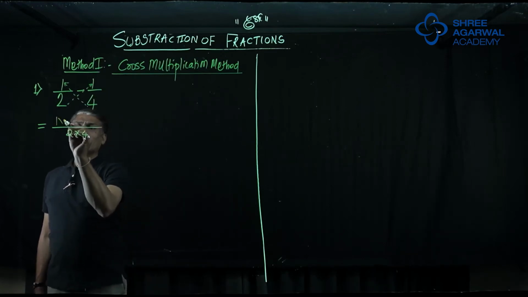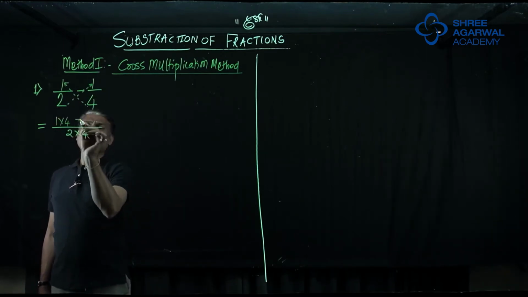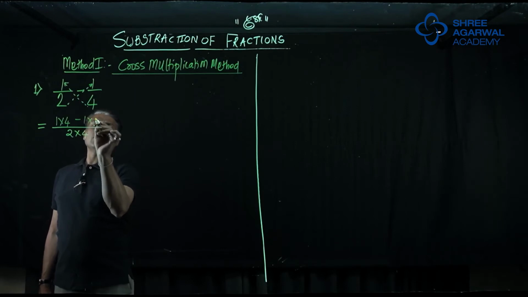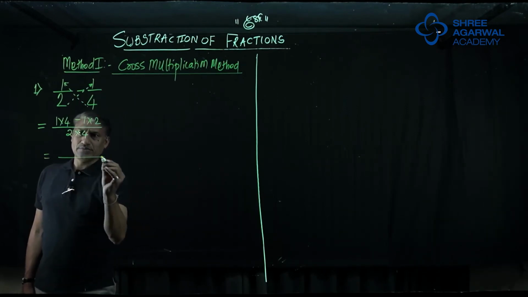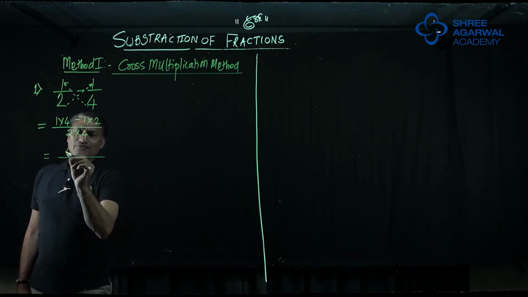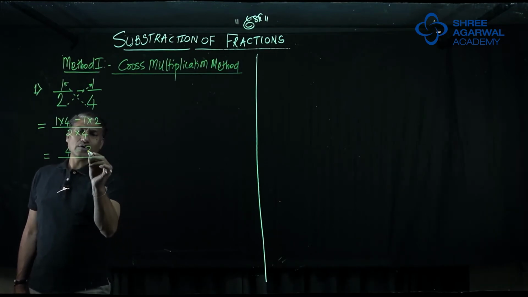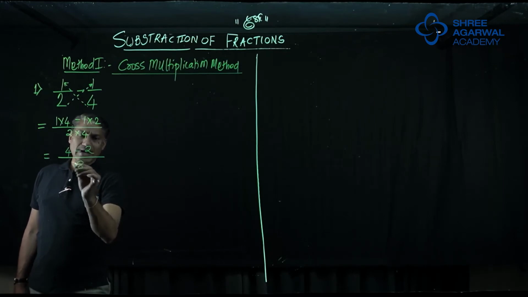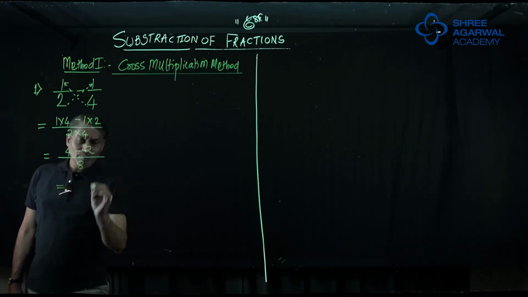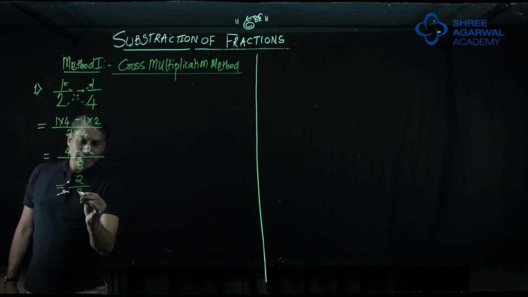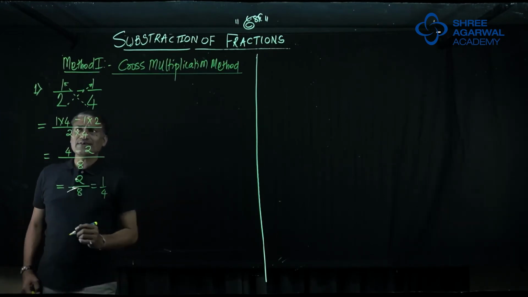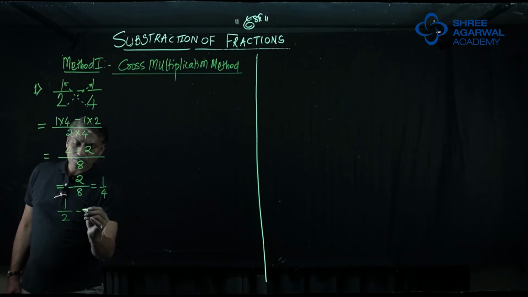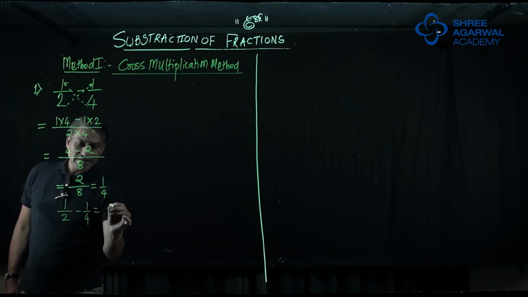So 1 fours are, whatever sign is here, minus sign, so minus, 1 twos are. 1 twos are equal to 1 fours are 4 minus 1 twos are 2, 4 twos are 8. 4 minus 2, my dear friends, is 2, and 2 upon 8 means 1 upon 4. So finally we understood that 1 upon 2 minus 1 upon 4 is 1 upon 4.